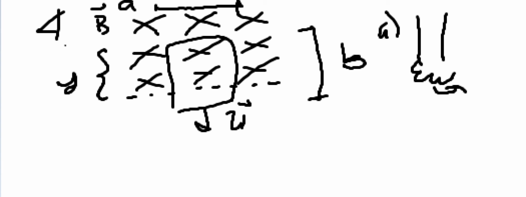which is like this, curling into the page, and because it's my right hand, my thumb will point this way, and that represents the force on the positive charges in the wire, which is going to be the direction of the current.